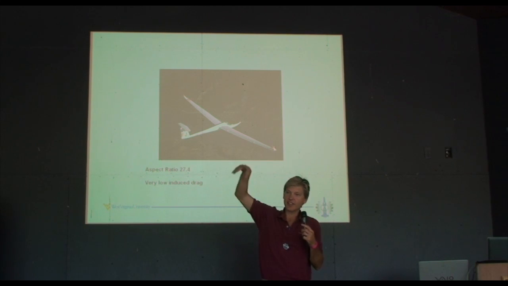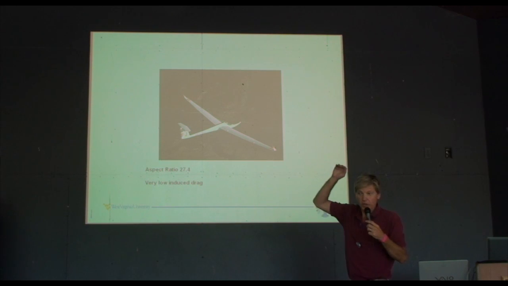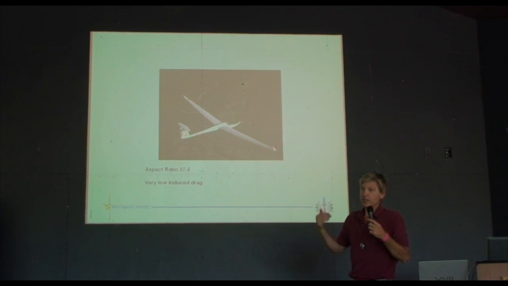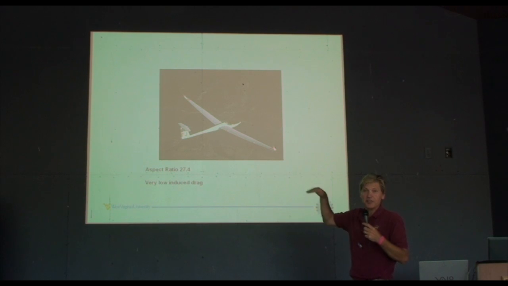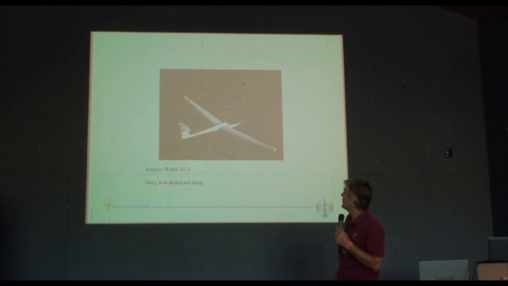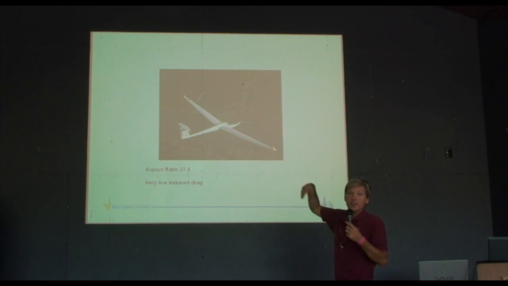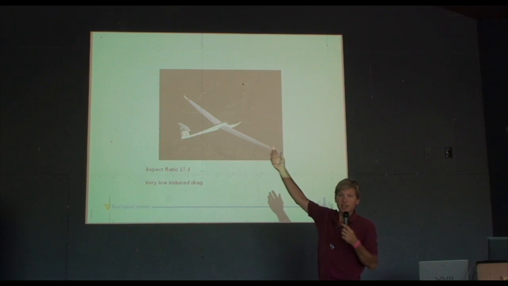I talked to the guy, Tom Knopf, who set all these records doing it, and he says the key is you always glide at L over D max, even if it's a really, really slow speed. You just take your time. It always stays at L over D max. There's an angle of attack. And so you put these high aspect ratio wings on here, you get a really high L over D max.